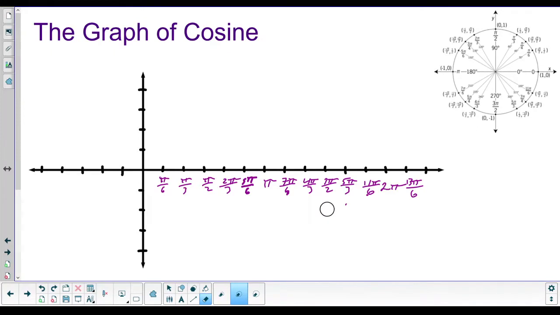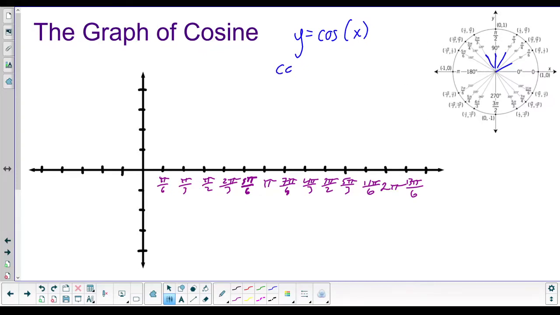All right, so we are going to graph cosine now. Let's do maybe blue, and make it a little skinny. We're going to graph y equals cosine of x now. And remember, x is just the angle. Again, we're going to do all the multiples of 30: 30, 60, 90, 120, and so on.